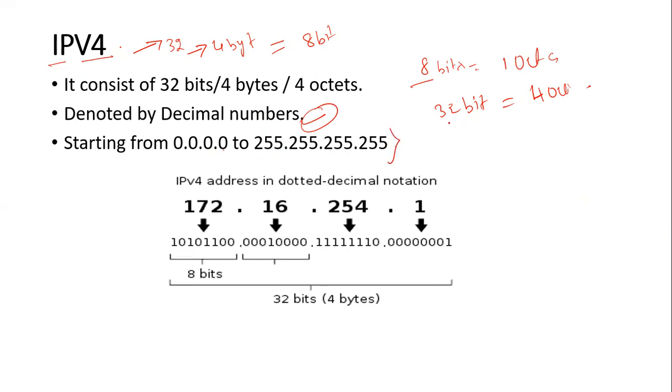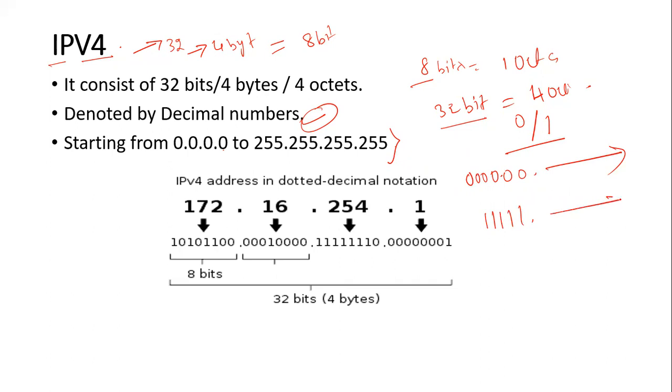As I mentioned, an IPv4 address is a 32-bit address. Each bit is either 0 or 1. So for the minimum, we keep all 32 bits as 0. And for the maximum, we keep 1 in all the bits.